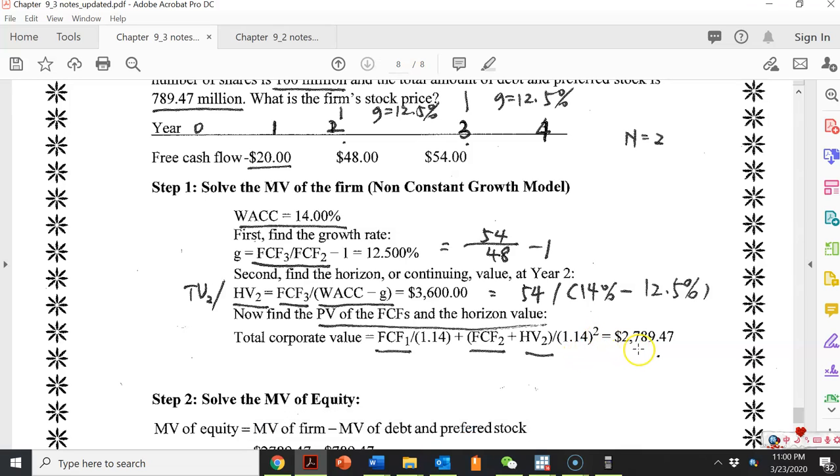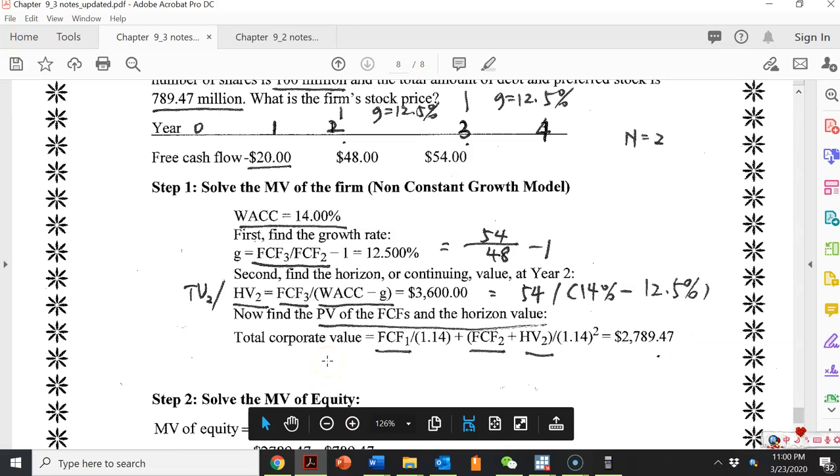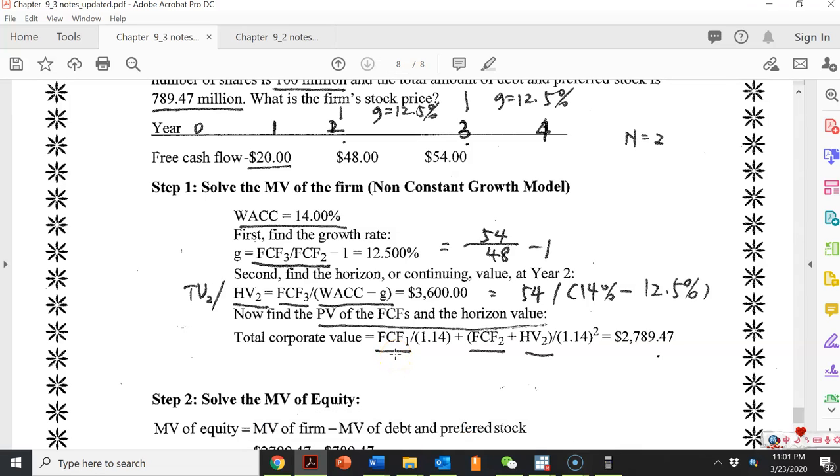So we have 2789.47 as the corporate value. You can also use the cash flow function and input free cash flow 1 as cash flow 1, free cash flow 2 plus horizon value 2 as cash flow 2, and input WACC as I. Compute for NPV, you should have 2789.